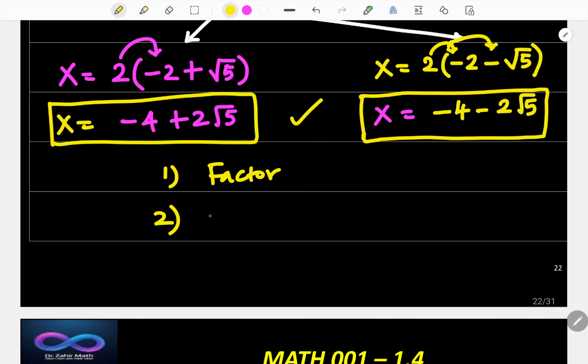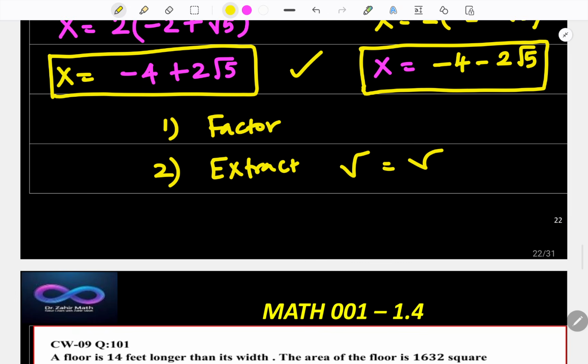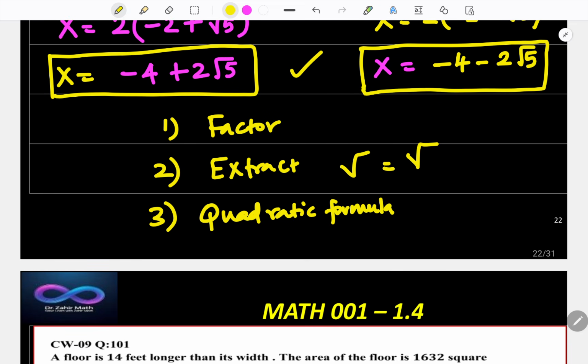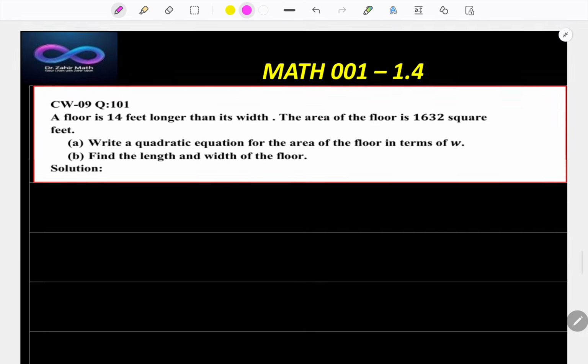When the question says extracting square roots, you have to take square roots on both sides. When the question says quadratic formula, you have to use the formula x equals negative b plus or minus square root of b square minus 4ac divided by 2a. Clear all of you?